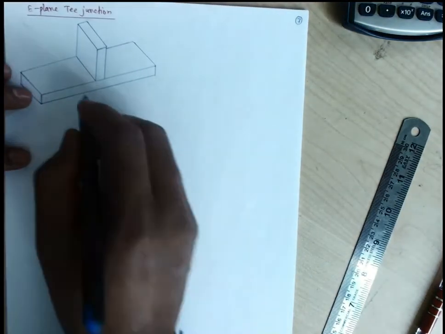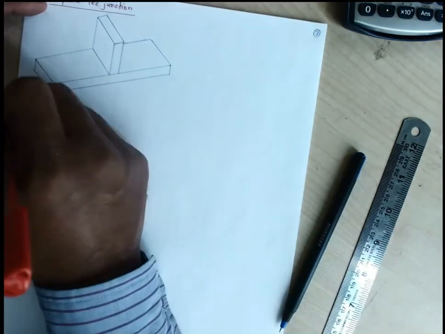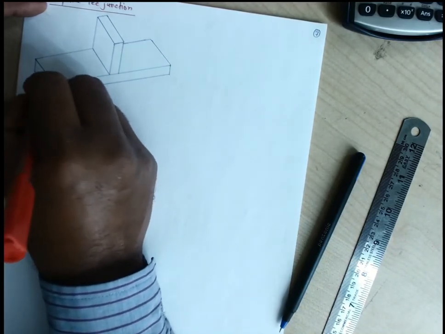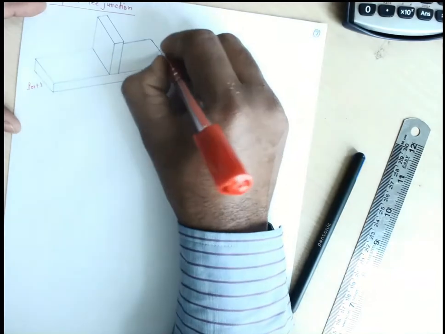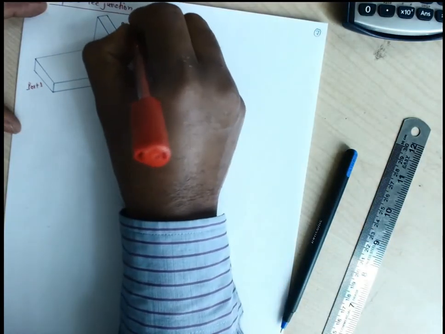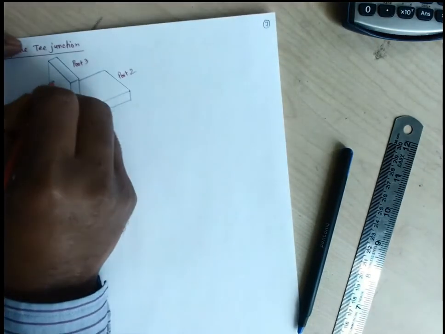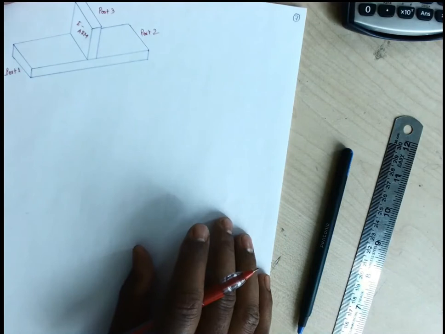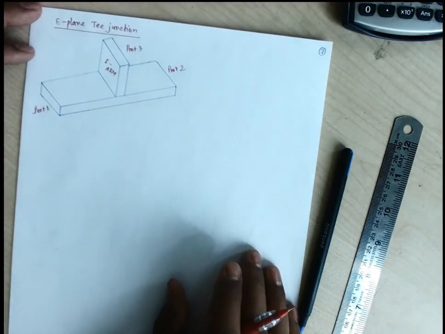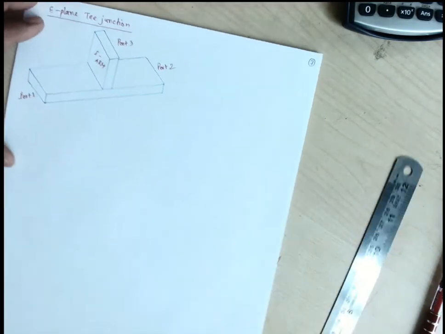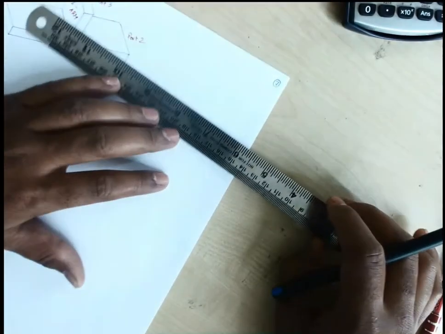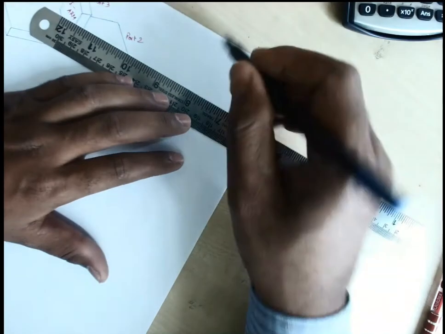Okay, so this is your port 1, it is port 2, this is your port 3 which is your E arm. It is your E arm. Whenever we see the feed lines for this kind of structure, you will find something like this.